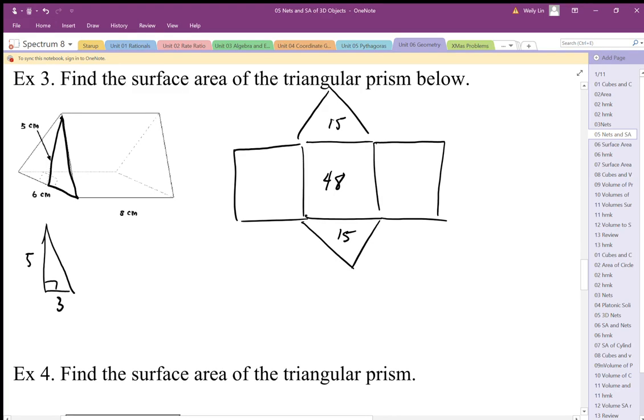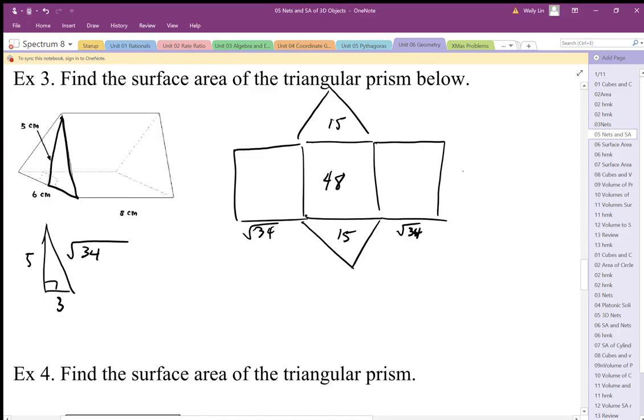The dimensions of that right triangle look like that. And to find the unknown third side, we use Pythagoras. So 5 squared plus 3 squared is 25 plus 9 is 34. And that gives us our edge length here. Square root 34.